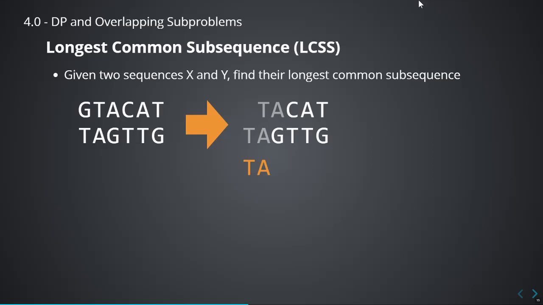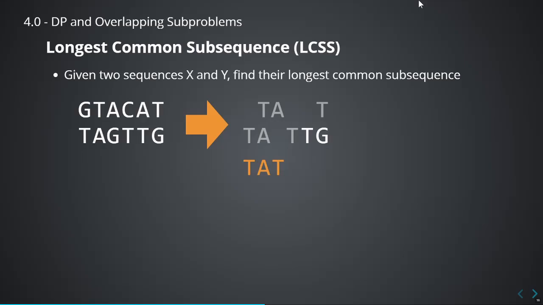All right, I'm going to get rid of the C. Doesn't do much. Get rid of the A. Doesn't do much. Get rid of the T. Well, I'm stuck now. I've got nothing else. So what do I do? Well, actually, there's a T there. So what I do is, all right, let me get rid of the G. Now I found a T. They match. Cool. So I found TAT as the answer.